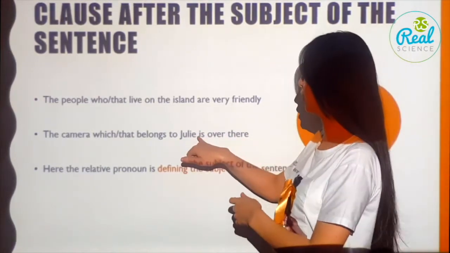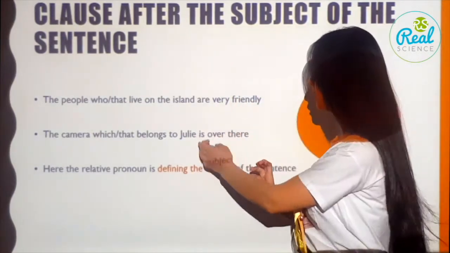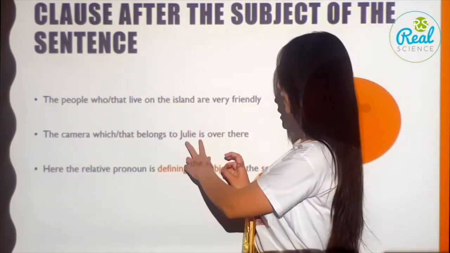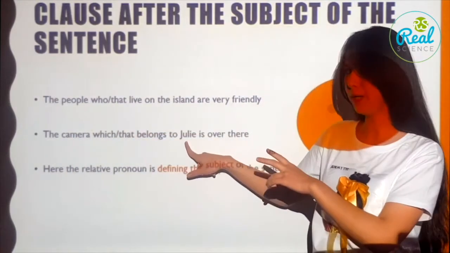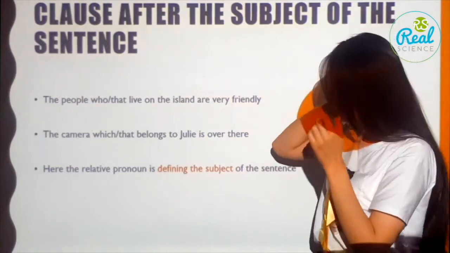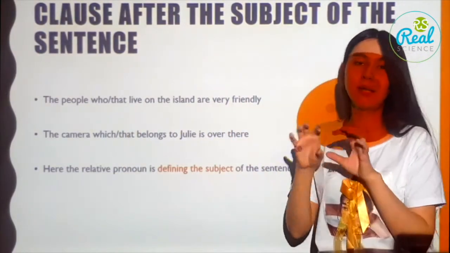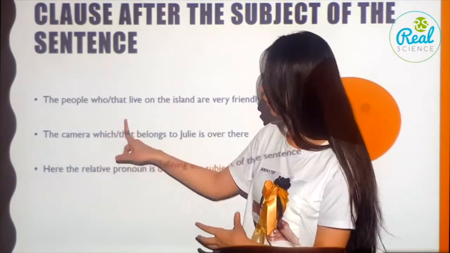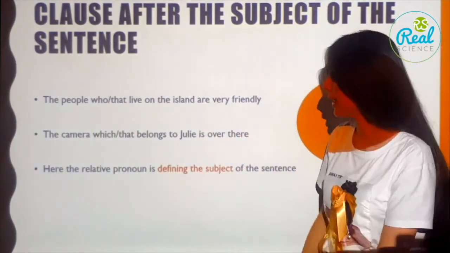So if you put a comma here, or a full stop, you are dividing your one sentence into two. You can see from this one: the camera belongs to Julie. It is over there. So here we have two sentences. If you get rid of this, you have to make two sentences. But if you want to make just one whole complex sentence, in that case, you cannot exclude which or that. Okay.